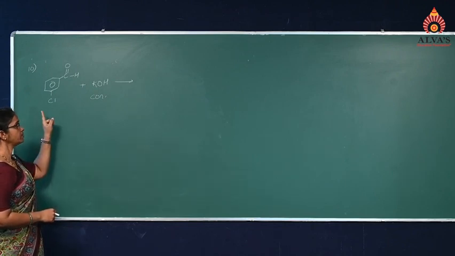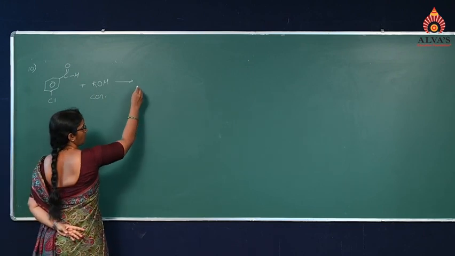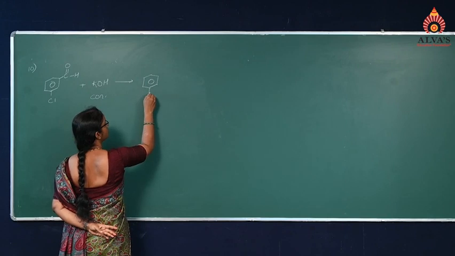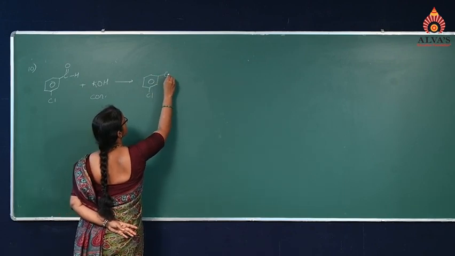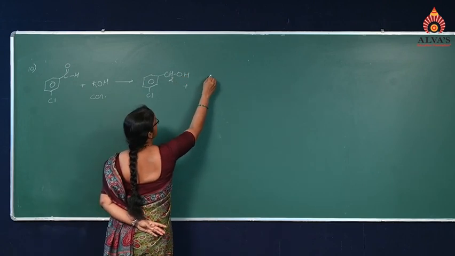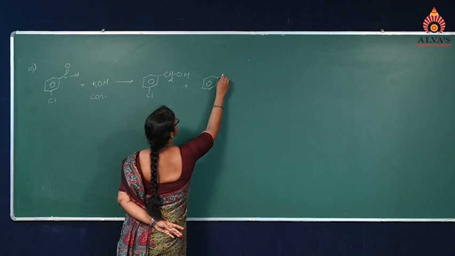This compound on Cannizzaro's reaction gives two products. One is an alcohol, which is the reduction product of the Cannizzaro reaction, and the second one will be the potassium salt of an acid, which is the oxidized product.